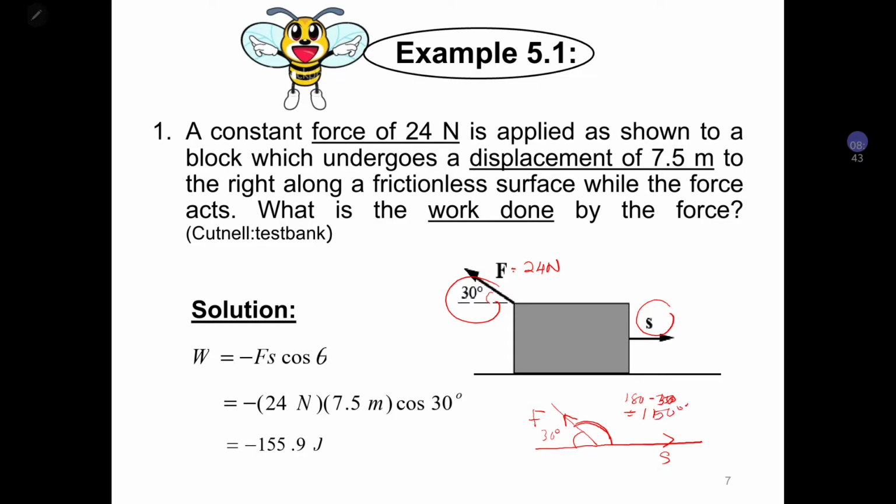Okay, so the work done by the force, we can calculate W is equal to Fs cos theta, which is F is 24, S is 7.5, and the angle is 150 degrees. So we can get the value negative 155.9 joule, right?